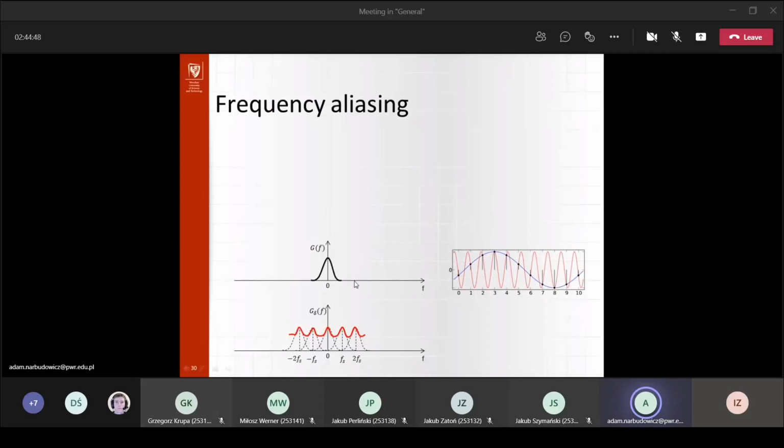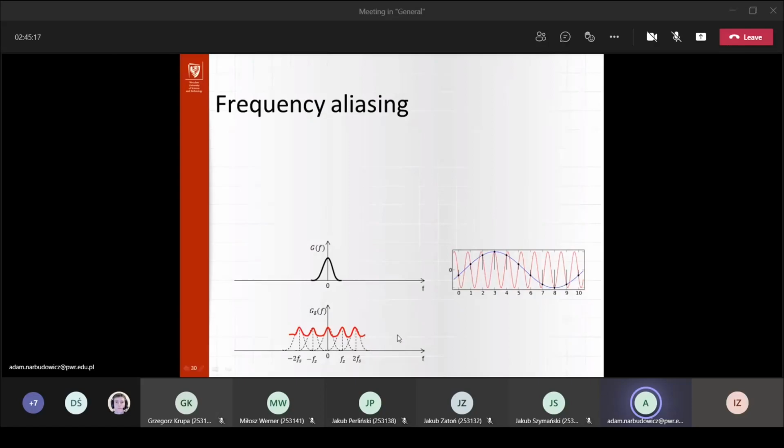Now, assuming this is our maximum frequency, our sampling frequency will be double that. So, somewhere here. And this basically means that when we create the multiple copies of the spectrum of the same signal, they will be created next to each other, right? And then when you do recovery of your signal, you can apply a low pass filter, easily get rid of all the aliases, all the multiple copies of your spectrum, and recover your original signal. All right.